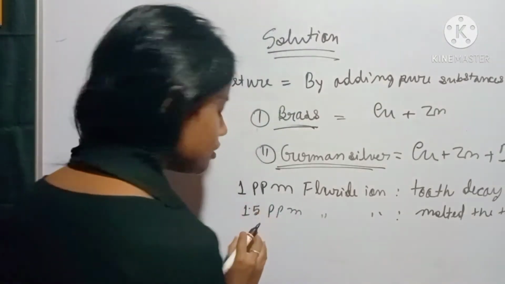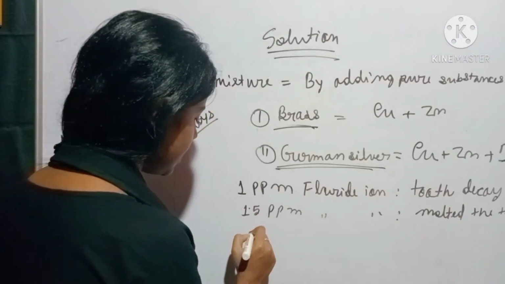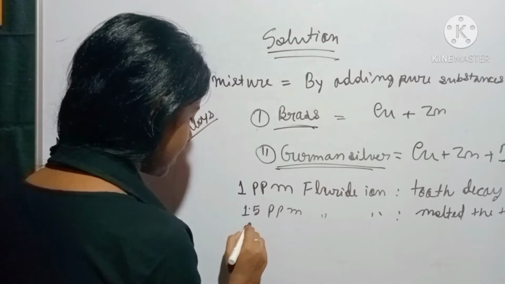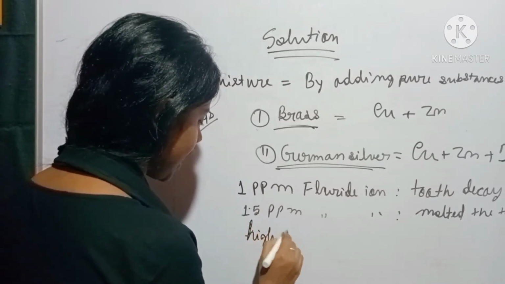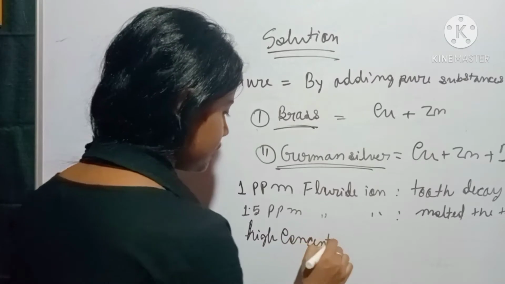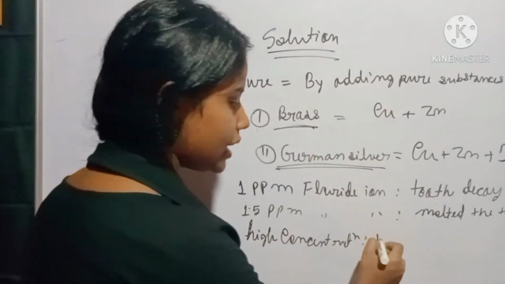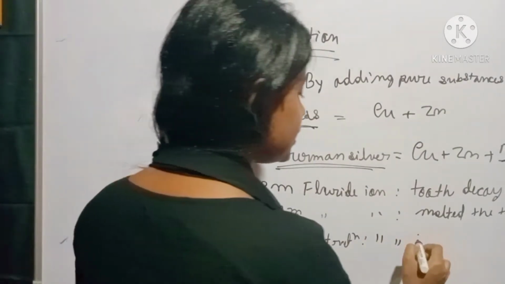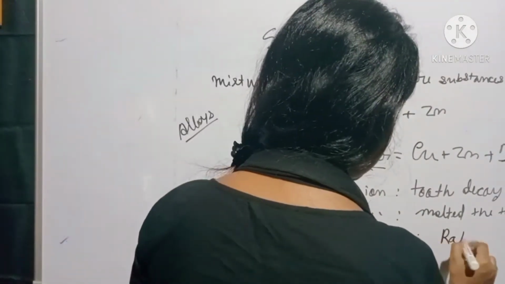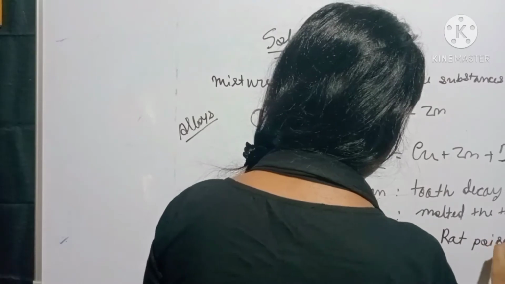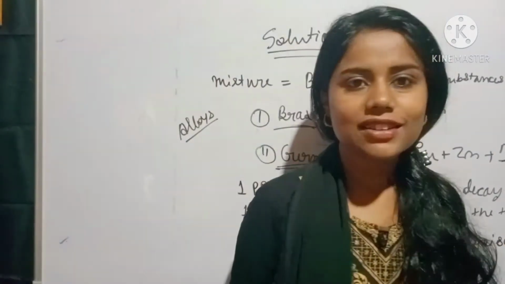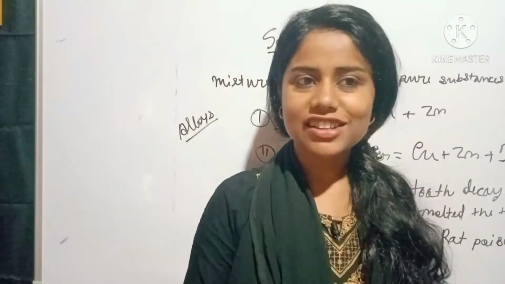Okay, and if the concentration is so high, do you know where it is used? If the concentration of fluoride ion is so high, then it is used in rat poison. So just see how important it is to learn the concentration part.